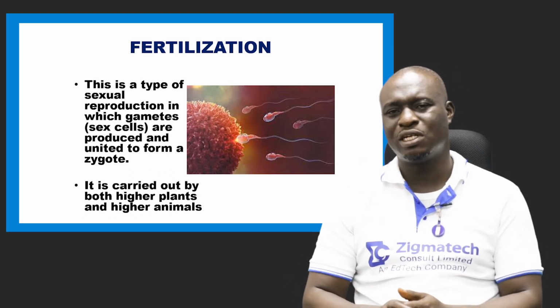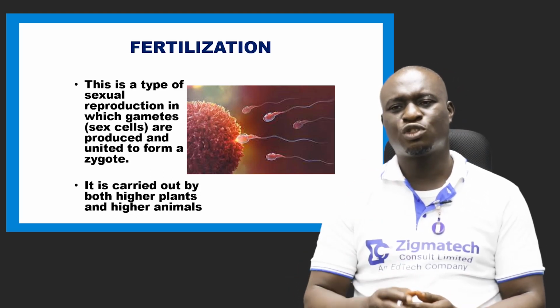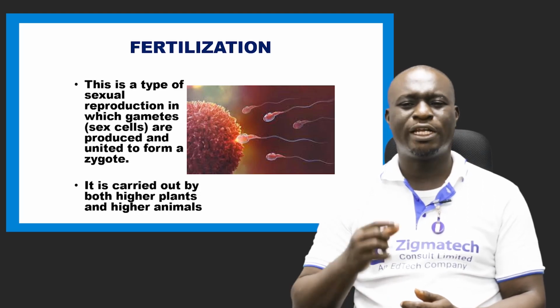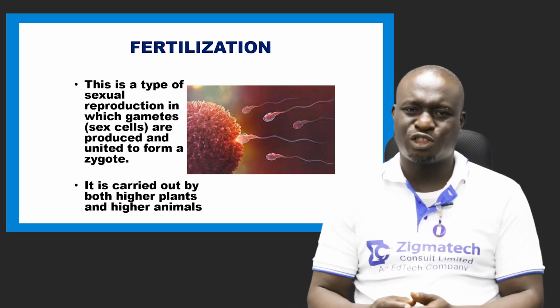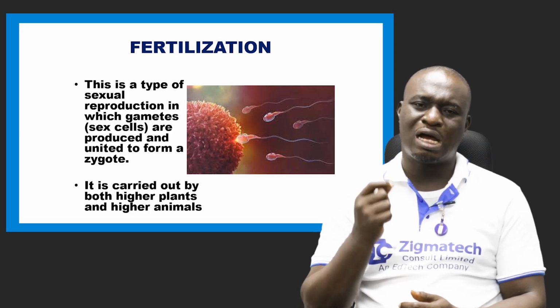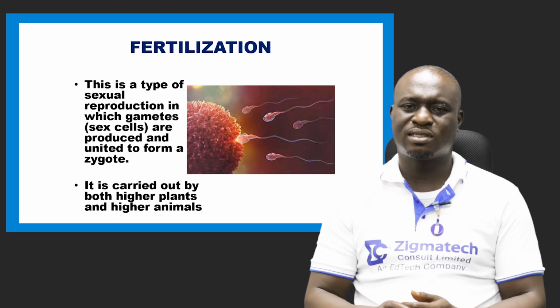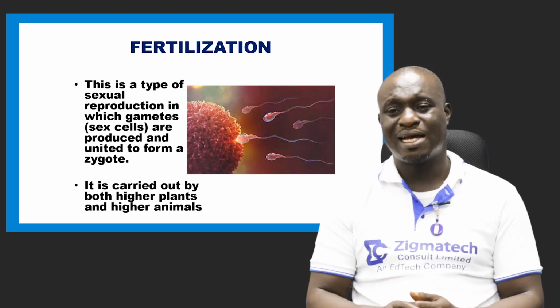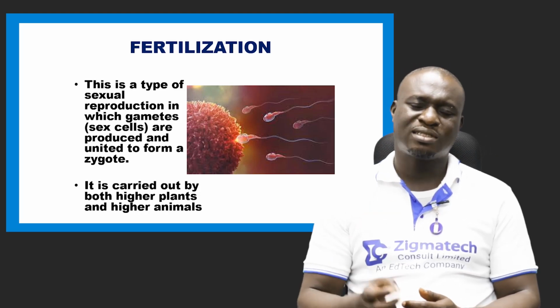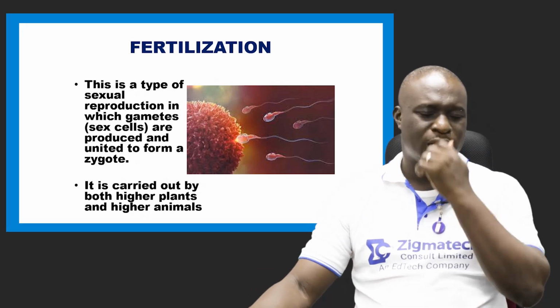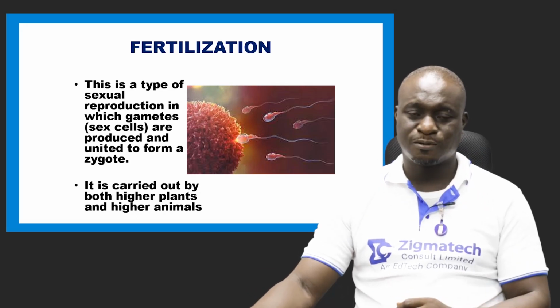Examples of organisms that undergo fertilization as a type of sexual reproduction are higher plants and higher animals.